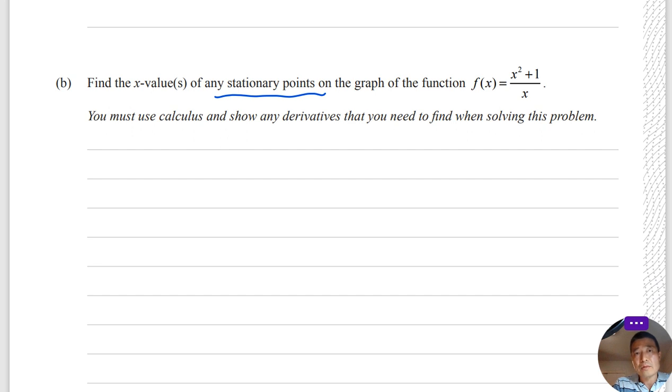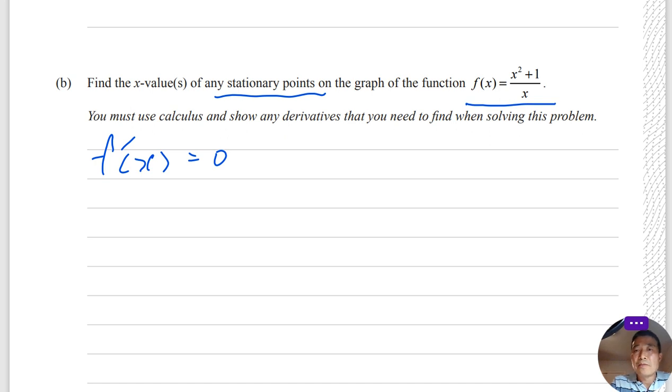Okay, that's what it means by stationary points. So you have turning points, so local maximum, local minimum. Sometimes the point of inflection can be a stationary point, not always, right? So our aim is we have to differentiate this and set that one 0 and find x values.